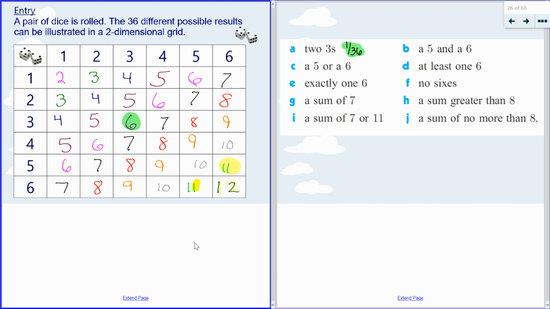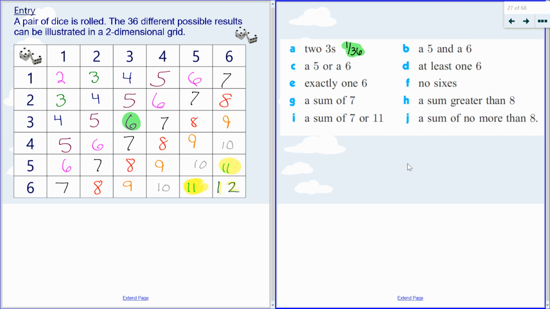Or you can get a 5 and a 6 this way here, because picture it, if one of your dice is red and one of your dice is green, one could be a 5 and one could be a 6, and the other one could be a 5 and the other one could be a 6. So there are two different ways to roll a 5 and a 6. So that is going to be 2 out of 36.